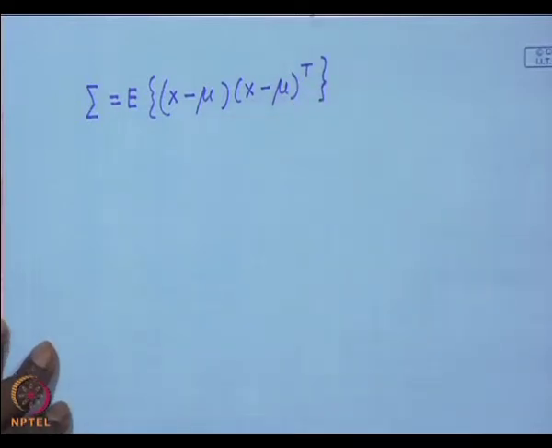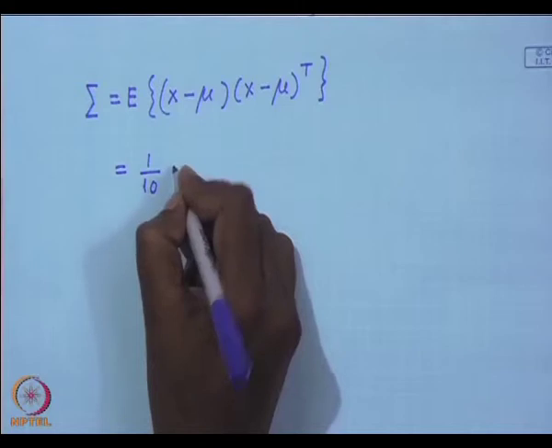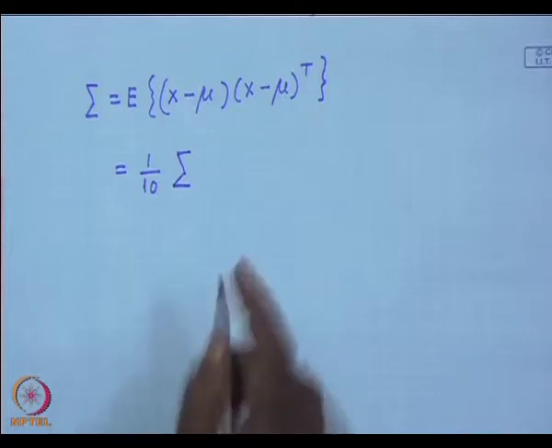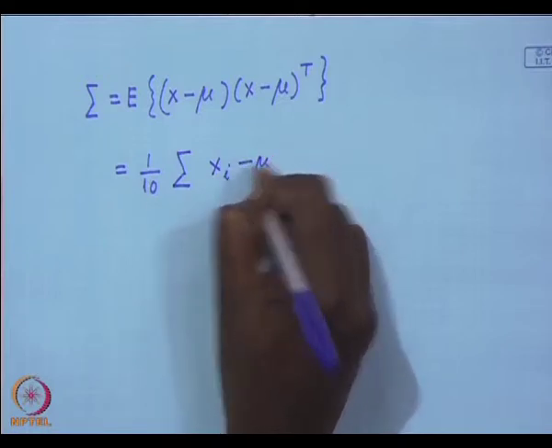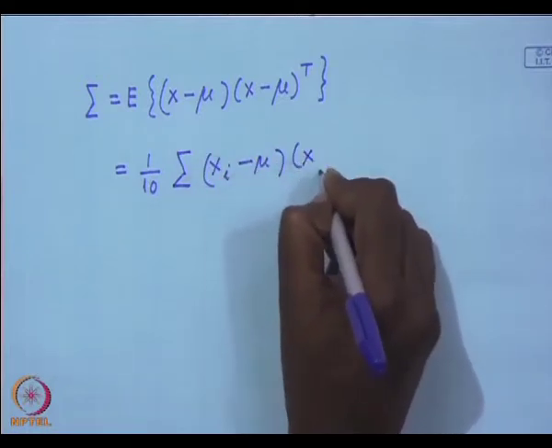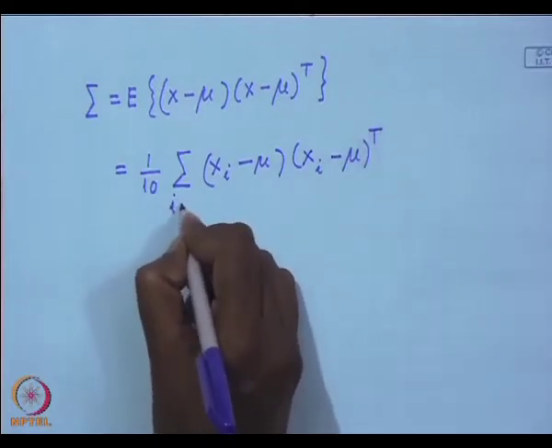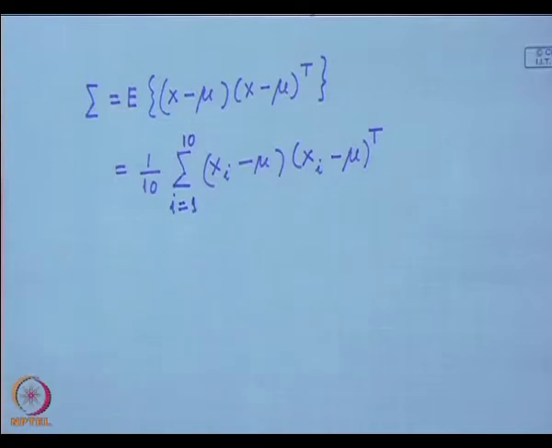Over here, because we have 10 different vectors, this expression will simply be 1 upon 10 into the summation, where X I is the ith vector, of (x I minus mu) into (x I minus mu) transpose, where the summation has to be taken over I equal to 1 to 10, as I have 10 different feature vectors, and accordingly I have 10 different matrices.